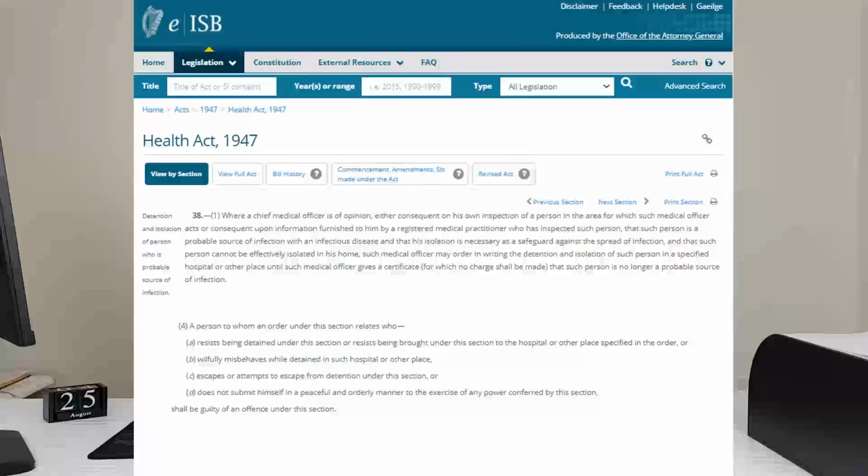This subsection 4 states that a person to whom an order under this section relates and who A, resists being detained under this section or resists being brought under this section to the hospital or other place specified in the order, or B, willfully misbehaves while detained in such hospital or other place, C, escapes or attempts to escape from detention under this section, or D, does not submit himself in a peaceful and orderly manner to the exercise of any power conferred by this section, shall be guilty of an offence.